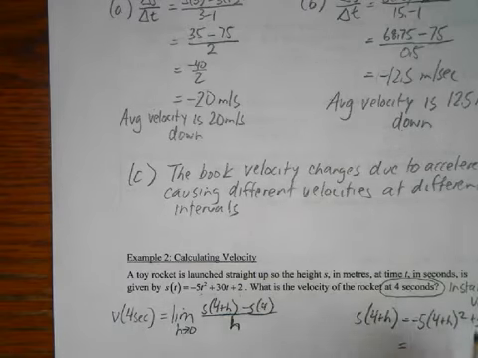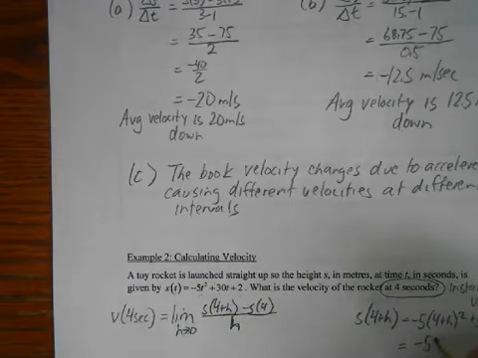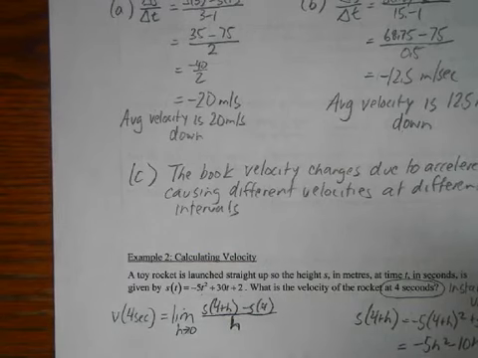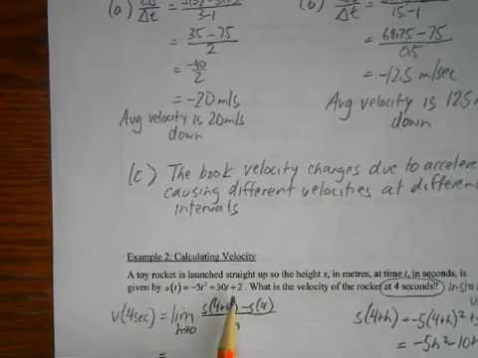I'm not going to do all the intermediate calculations here. This actually works out to minus 5h squared minus 10h plus 42. I'm going to replace this s of 4 plus h with that.